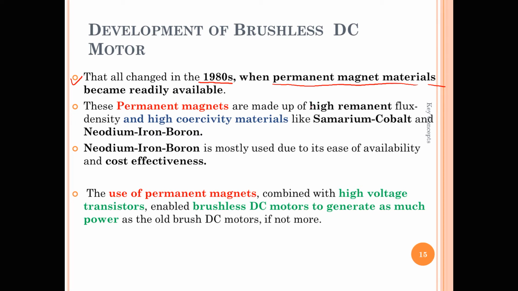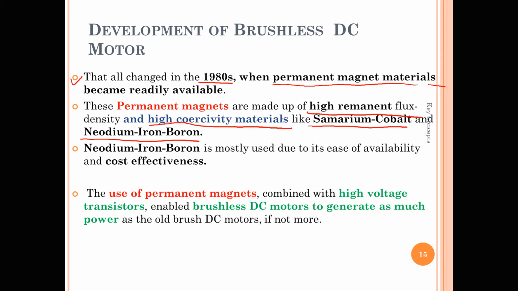We have two new developments. These two materials have high remanence flux and high coercivity value.